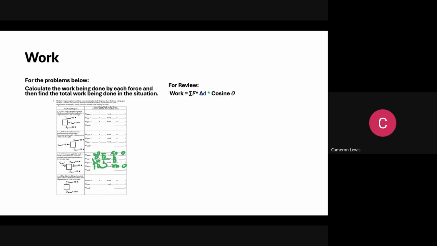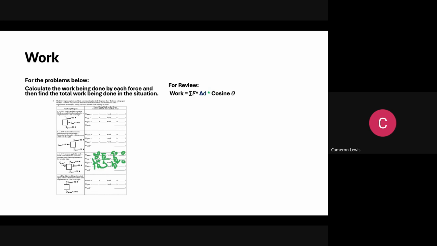This one should be 0. I was moving too fast. Sorry. Because I wasn't reading. This one is 0. This one is 0. This is 270. And then this one is 0.